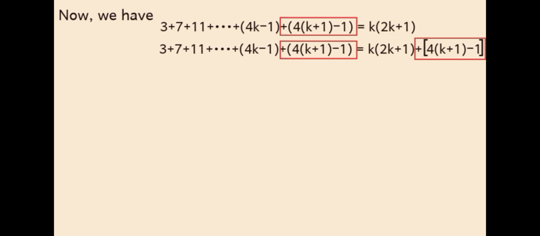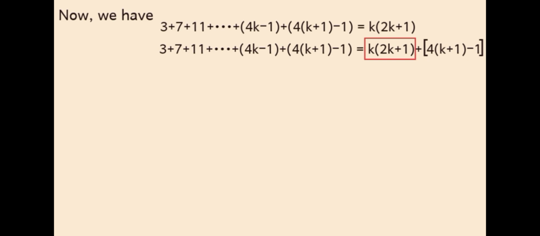For this, we only manipulate the right hand of the statement. And by simplification, you notice that k times the quantity 2k plus 1 can be simplified using the distributive property. We distribute k to the quantity 2k plus 1 and it will give us 2k squared plus k.